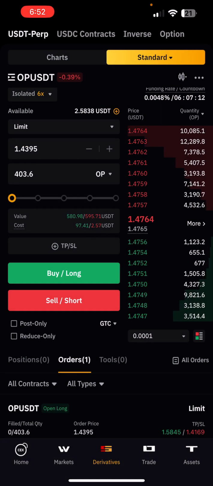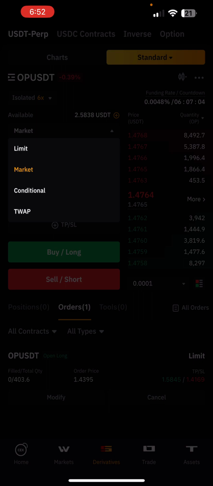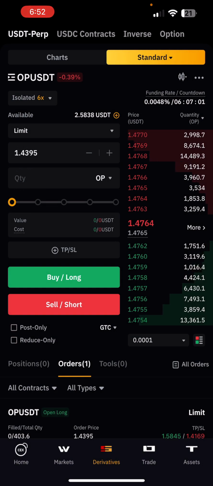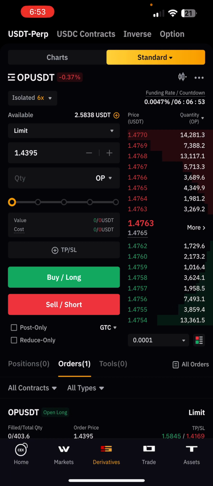But if the signal says you should long at CMP, meaning current market price, then you change this to market. But most of our signals are always limit, so you just leave it on limit. Limit means you place it, then you wait for the price to hit your entry, while market is entering a trade at the current market price.